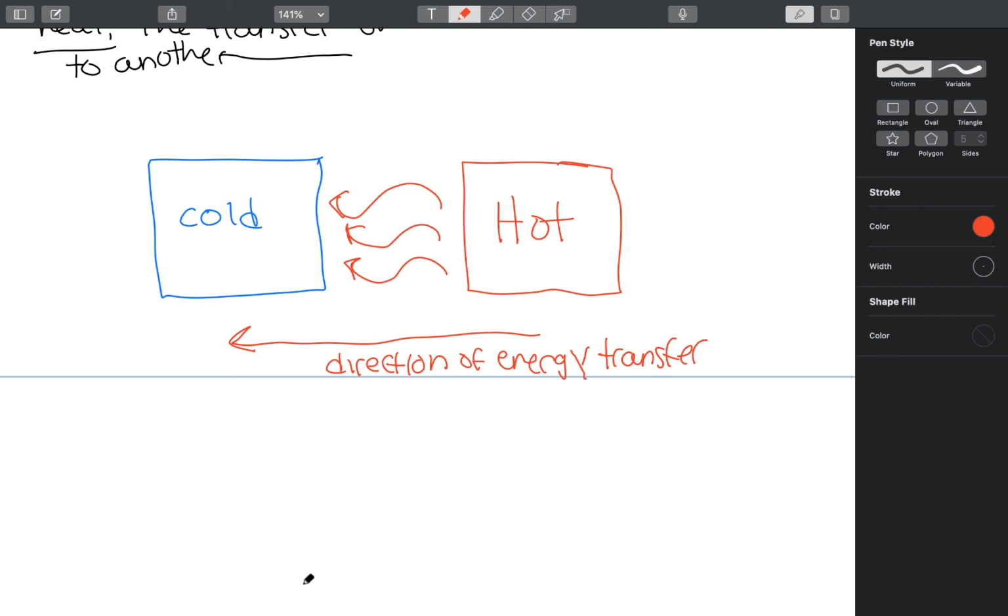So heat flow is actually described by the Zeroth Law of Thermodynamics. So what is the Zeroth Law of Thermodynamics?